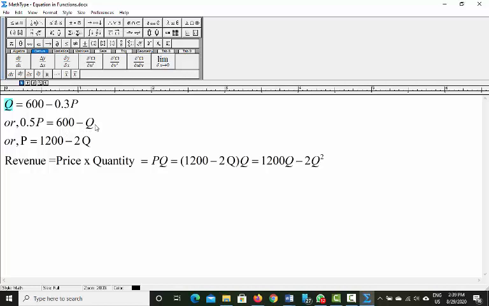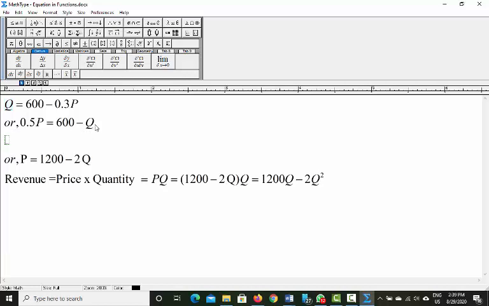Obviously we can multiply both sides by 2. If you multiply both sides by 2, this will be 2 multiplied by 0.5, that is 1, so only p. And multiplying the right side by 2, we get 1200 minus 2q.